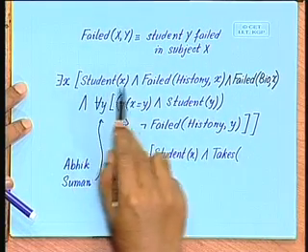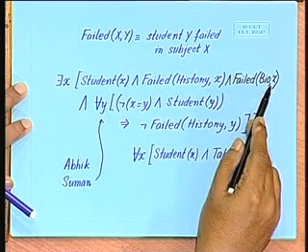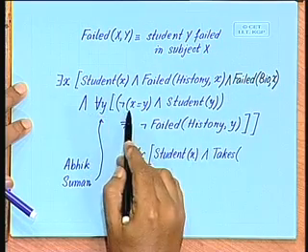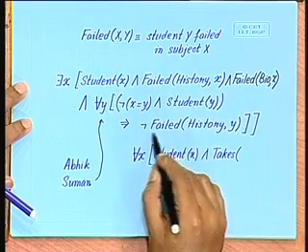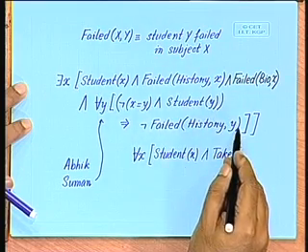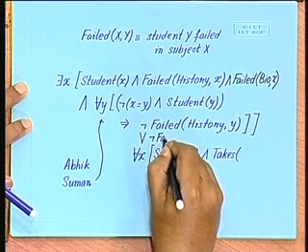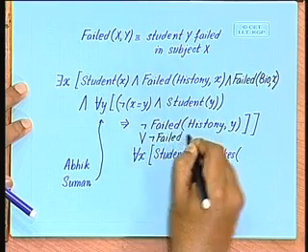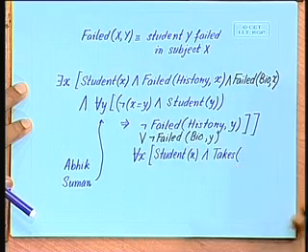So, there exists X, student X and failed history X and failed bio X, and for all y, x not equal to y and student y means not failed history y or not failed bio y.